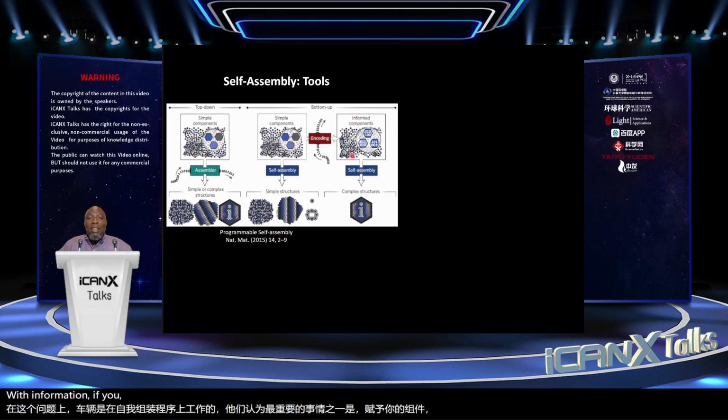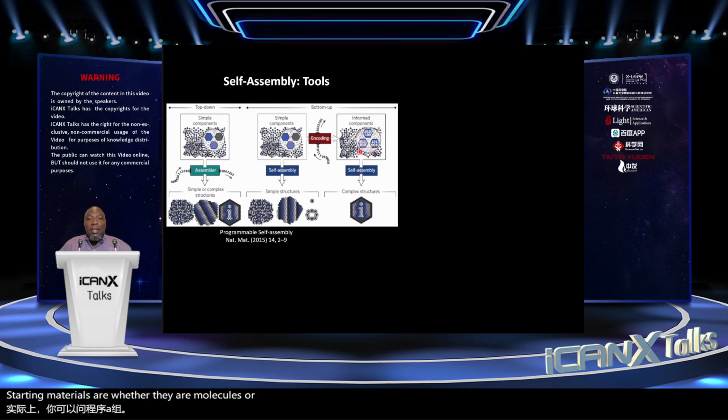If you have informed components, then your assembly can go to any dimension you want, and you can program a set of starting materials, whether they are molecules or crystals or small adducts, that then can self-organize into very complex structures. And what this brings us is the idea of emergence. You start with very simple components, but then through self-organization, you get these very complex structures.